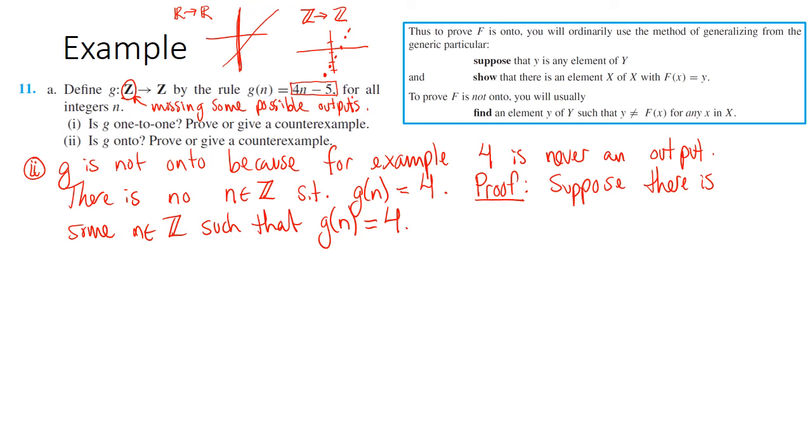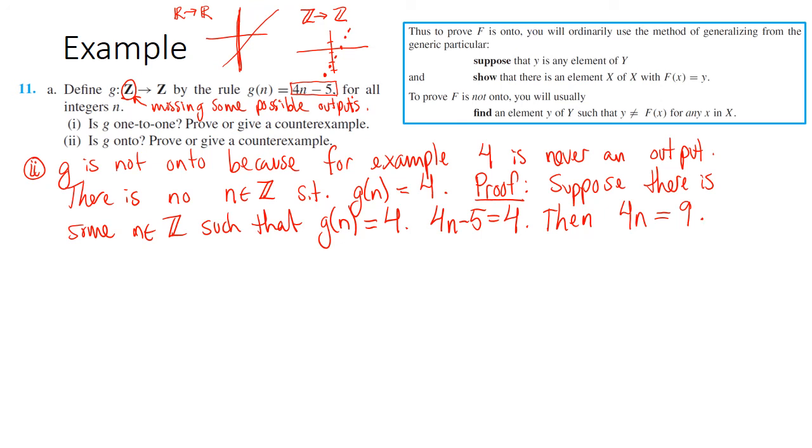So if that were true, if there were some integer n such that g of n equals 4, then 4n minus 5 would equal 4. So I'm just plugging in n into g. Then we could add 5 to both sides to get 4n equals 9.